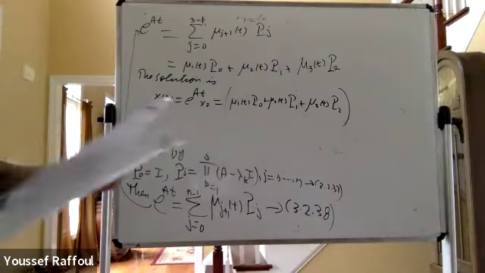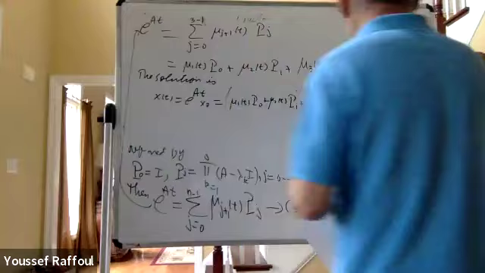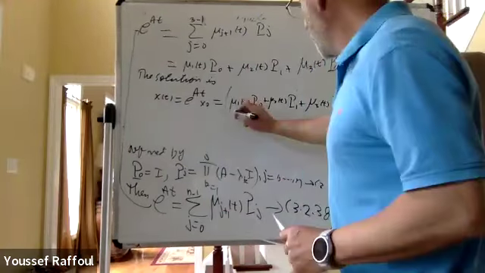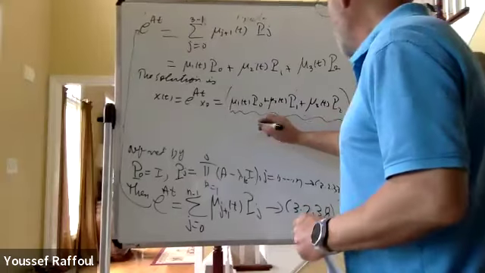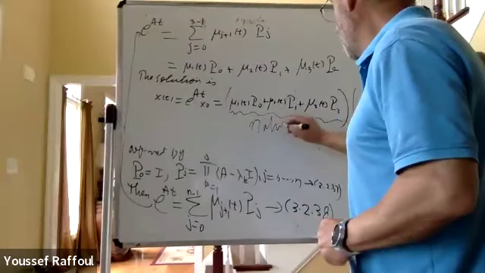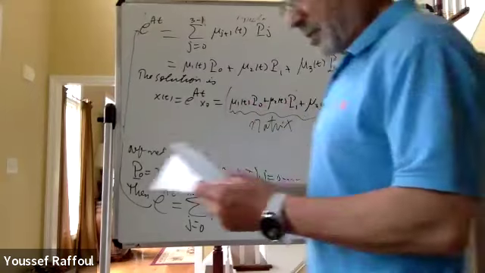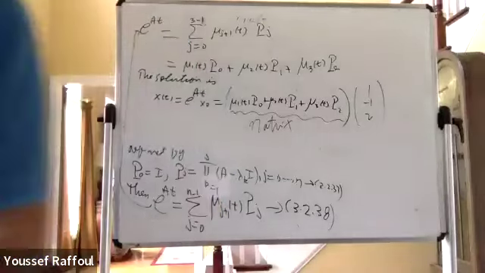The initial vector was 1, minus 1, 2. Okay? Remember, these are matrices. This is a matrix. Scalar function times matrix, scalar function times matrix, scalar function times matrix. Okay?